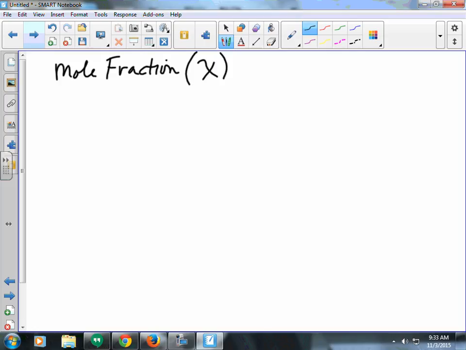The Greek letter chi is just a funny looking X. So if you have the mole fraction of some gas, I'm going to call it gas 1, you simply take the number of moles of that gas and divide it by the total number of moles. So like in the previous problem, if we wanted the mole fraction of helium, we would take that 1.88 moles and divide it by the sum of moles of helium and moles of oxygen.